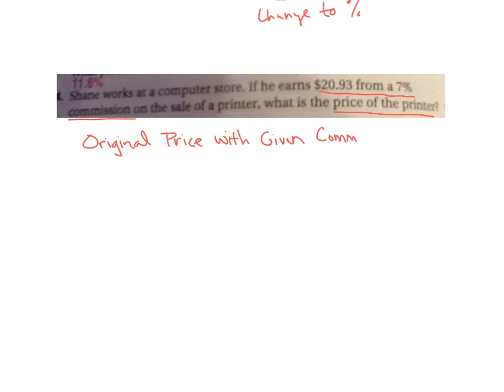Now when we're looking for the commission, we multiply, but when we're looking for the original price, we're going to divide. So number 1, change percent to decimal. This is number 4 in your book if you can't read it.